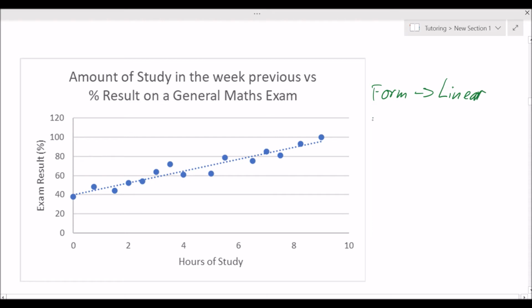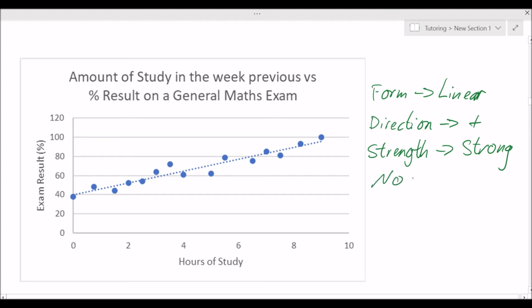In terms of direction, this one is positive. In terms of strength, this one is strong by the look of it, but we can check some of these things again later. And there are no outliers.